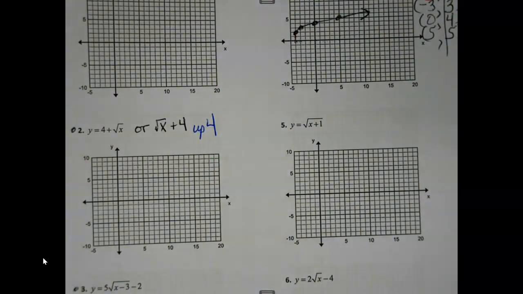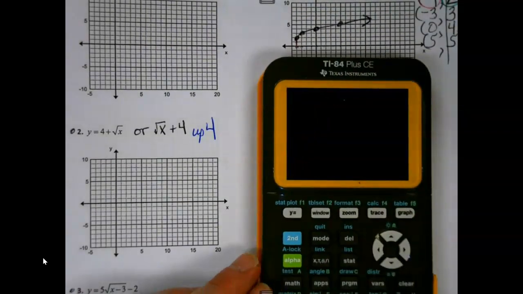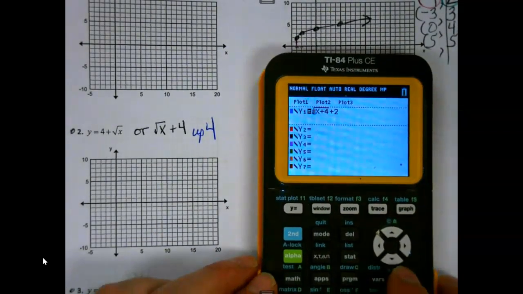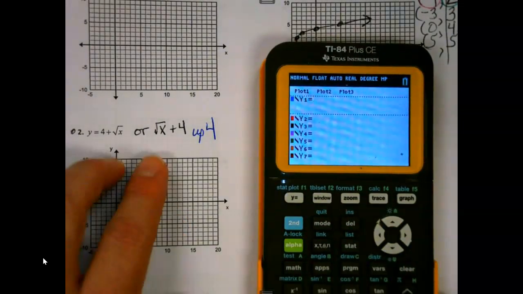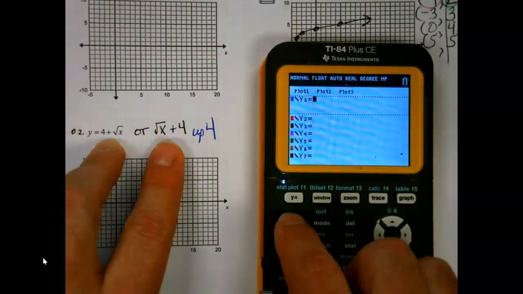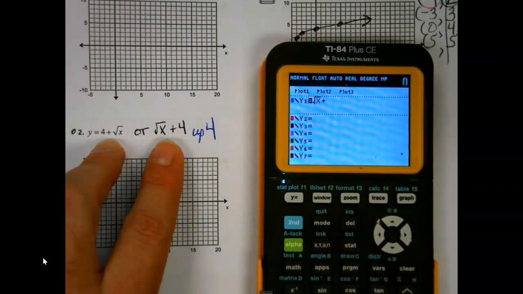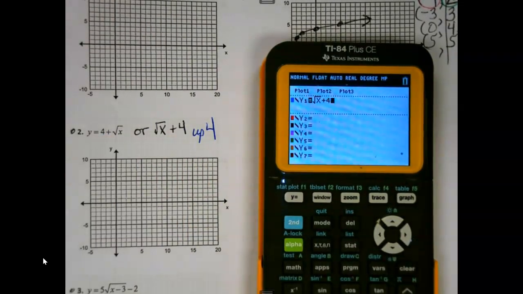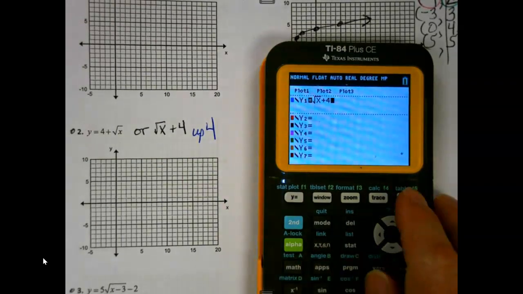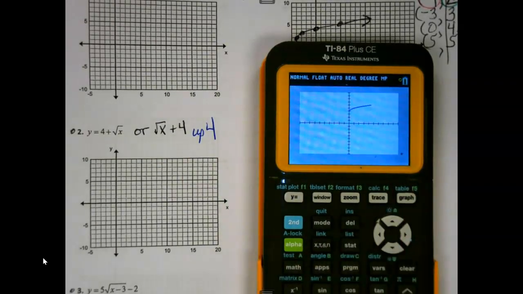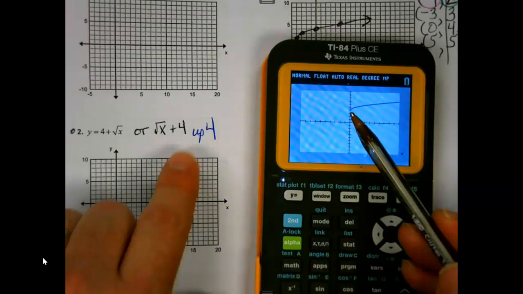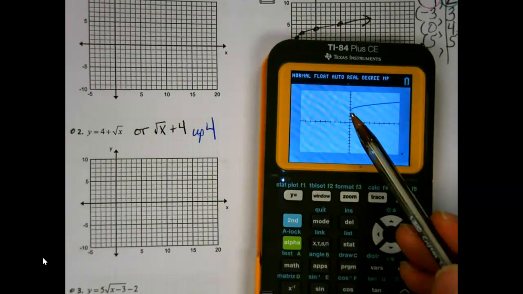So we know we're going to be going up 4. So when I go to put this in, clear. Again, either way will work. So I notice when I graph it, hey, it went up 4 from the origin.